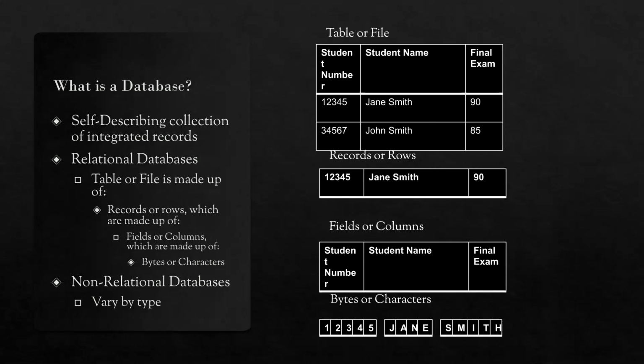The second being 34567, John Smith, with a final exam of 85. Within each one of those rows, we have bytes or characters. So for example, for the row with Jane Smith, 1 is a byte or a character, 2 is a byte or a character, 3, 4, 5, JANESMITH. Those are all bytes or characters.